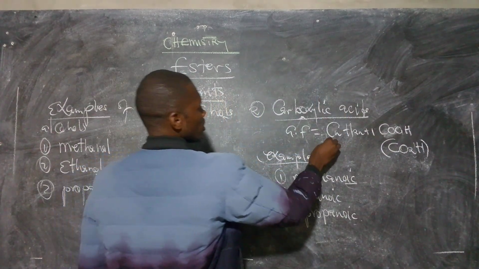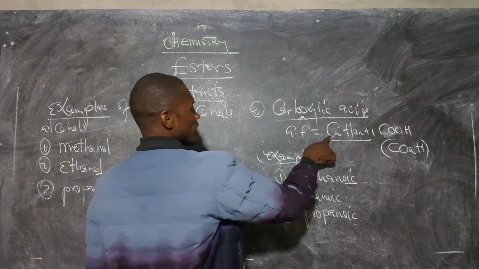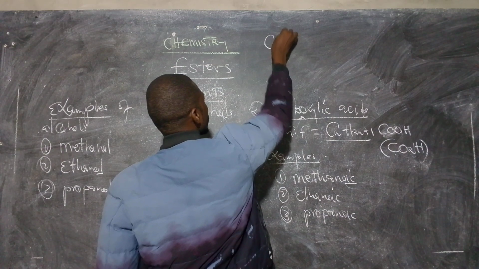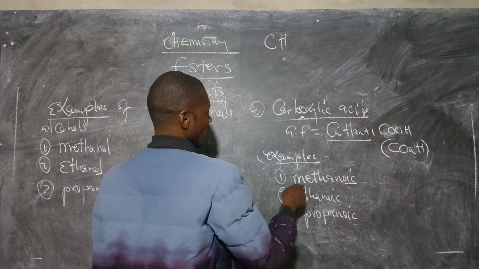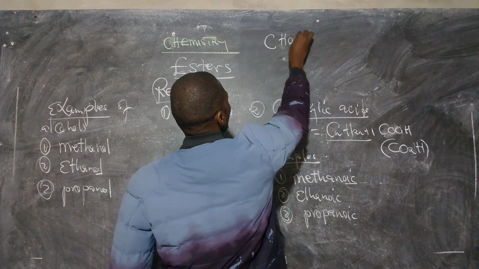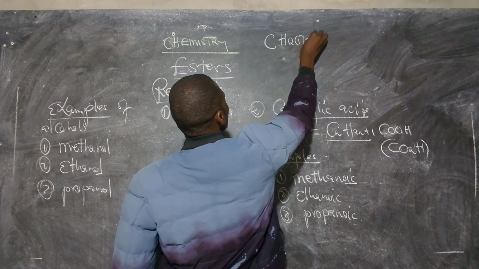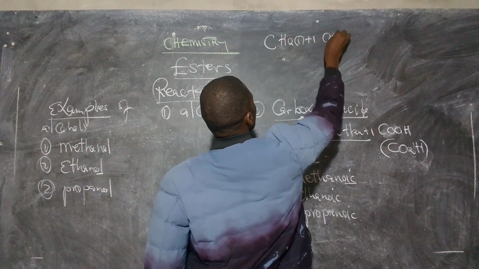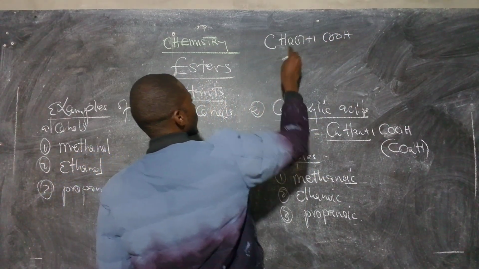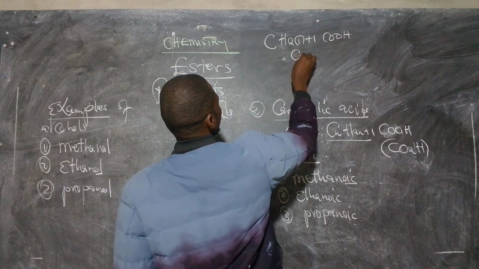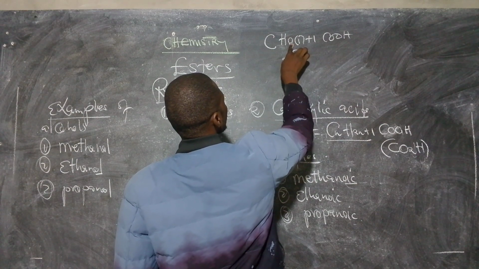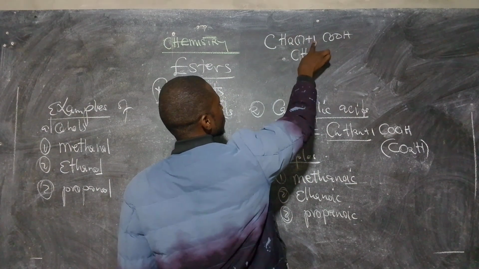Methanoic acid, using this general formula, where there is N, we put 1, so it will be C, we don't write 1, then H, then 2, open bracket 1, plus 1, then this functional group. I'm trying to be slow so that you see how I'm coming up with the formula. So 2 by 1, it will be 2 plus 1, it will be 3.